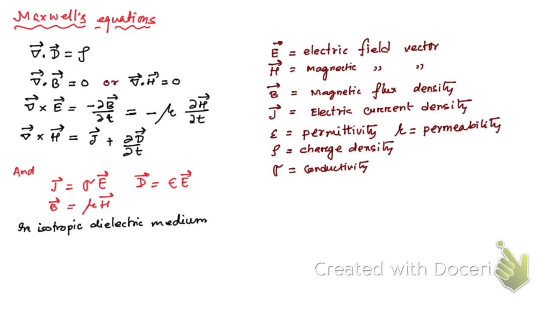So in case of an isotropic dielectric medium, you must know these things: sigma is equal to 0 here, and rho, the free charge density, is also 0, and hence this J vector must also be 0. So if this is the case, then the above Maxwell's equations become of this form.